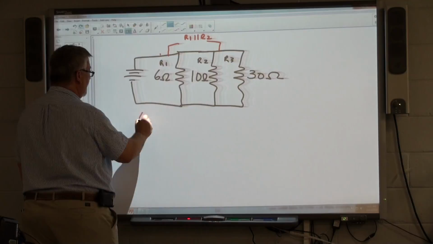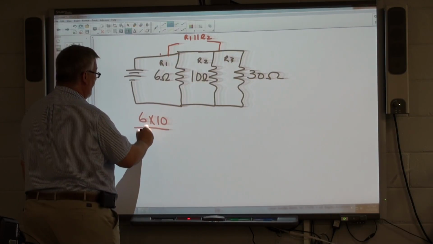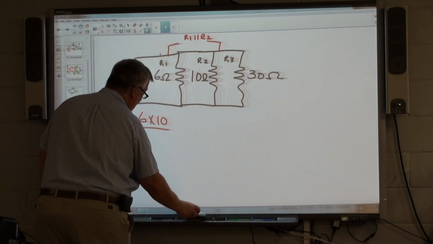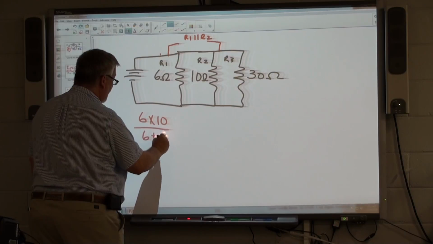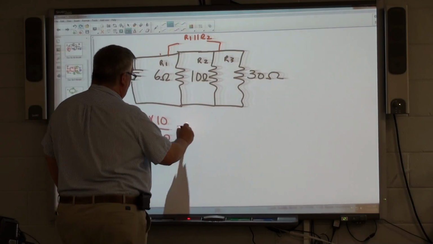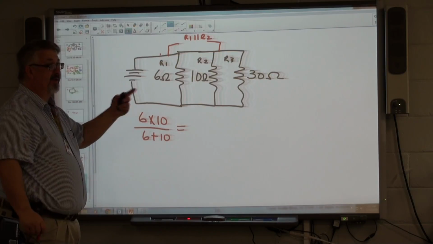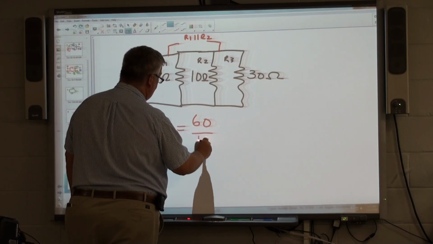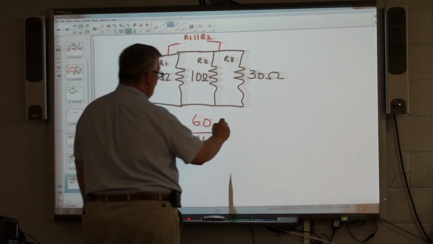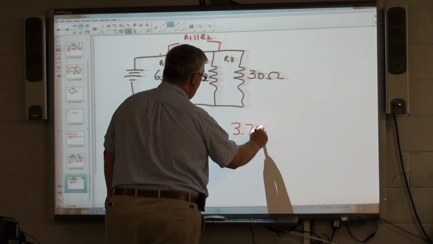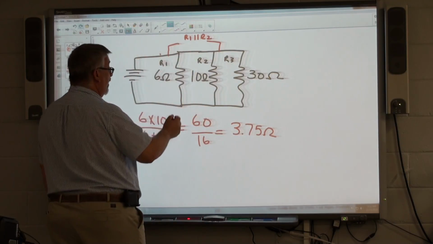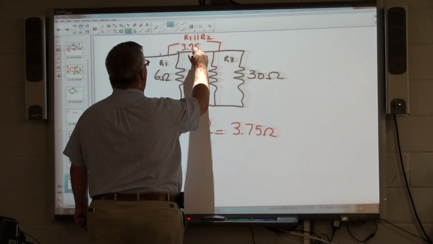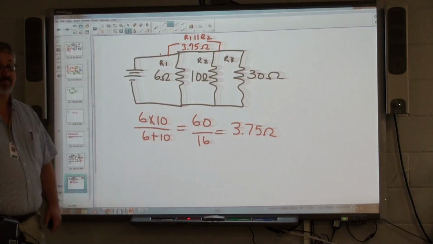So it's 6 times 10 over 6 plus 10, and I'm going to write the answer instead of the equation. We multiply the two, we add the two, and do the math. 6 times 10 is 60. 6 plus 10 is 16. That gives us 3.75 ohms. We know that to be at least potentially true because we paralleled a 6 and a 10, and it had to come out less than 6, and it did.